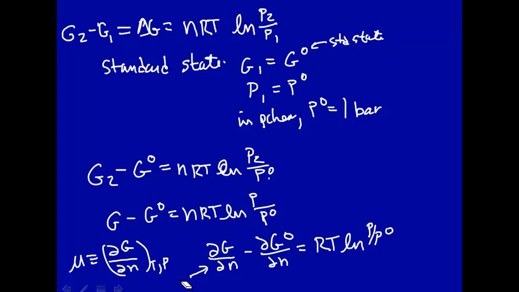We'll call this mu, the chemical potential, and we'll call this mu0, the chemical potential in the standard state, which we defined was 1 bar for gases.